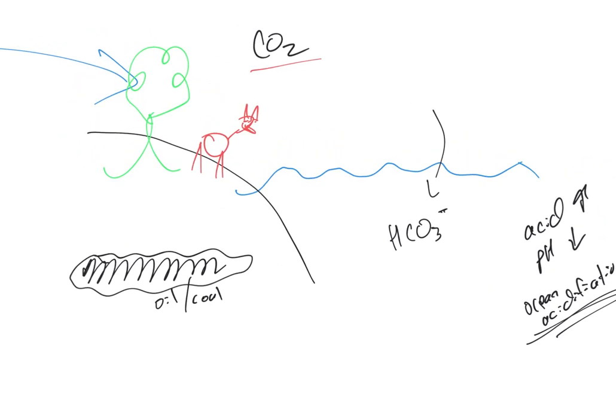So when CO2 dissolves into the water, is that a flow or a sink? If you are thinking a flow, you are correct, because the process of dissolving is your flow. But the ocean is a sink.